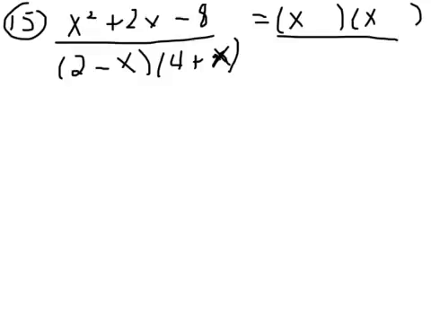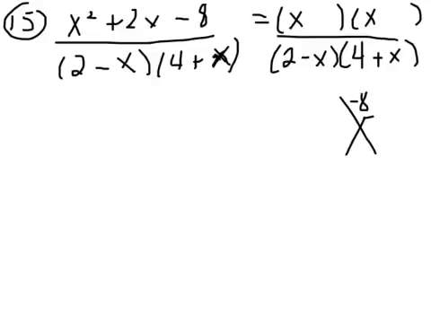Let's just look at the top first. Let me go ahead and just copy down (2 minus x) over (4 plus x). All right, on the top, what multiplies to give me negative 8 and adds to give me 2? Well, 4 times negative 2 would be negative 8. 4 plus negative 2 would be 2. So my numbers are x plus 4 and x minus 2.